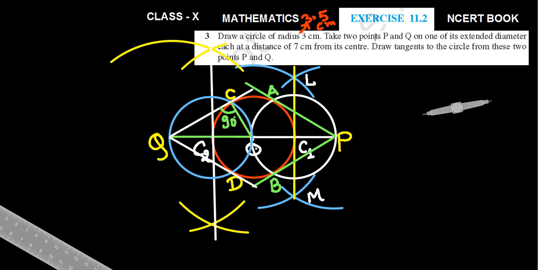Here OC is the radius of this red circle, and QC is the tangent, so the radius is perpendicular to the tangent. Similarly for other tangents also you can show.